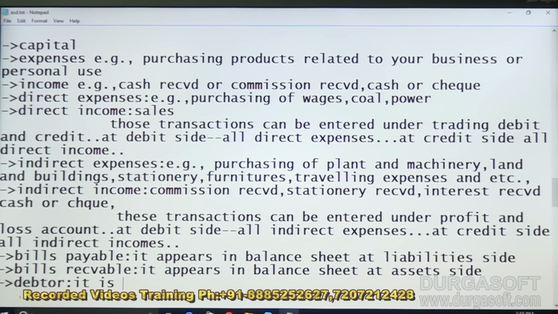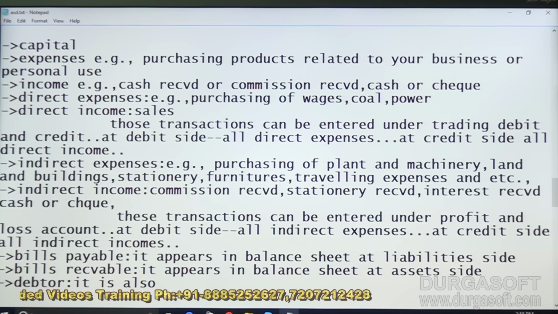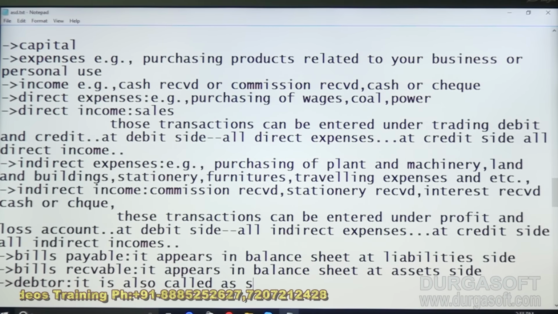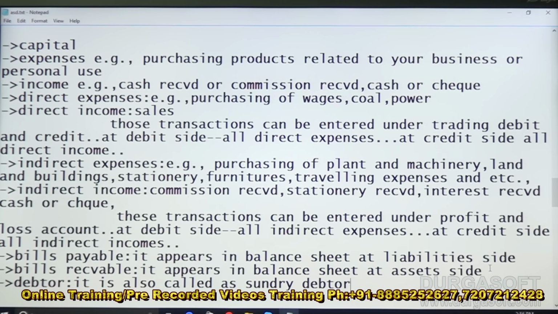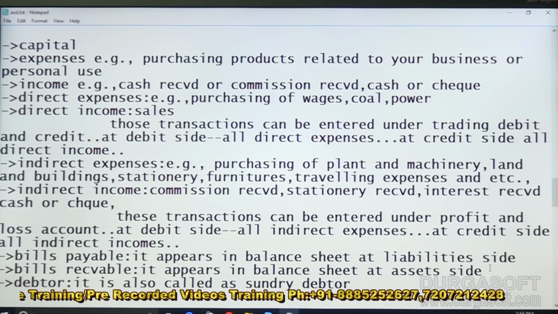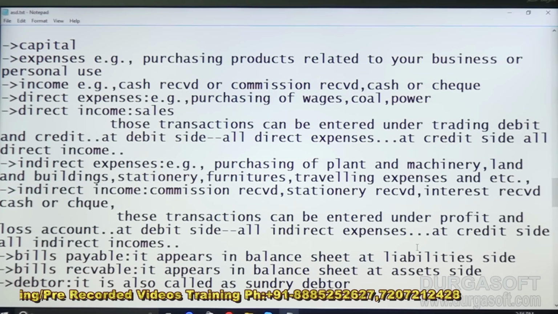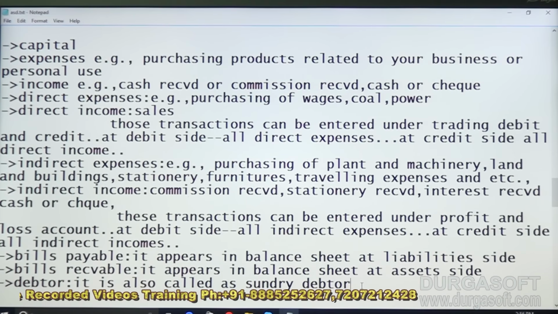It is also called a sundry debtor. It means the customer is the debitor and the vendor, the seller, is the creditor.